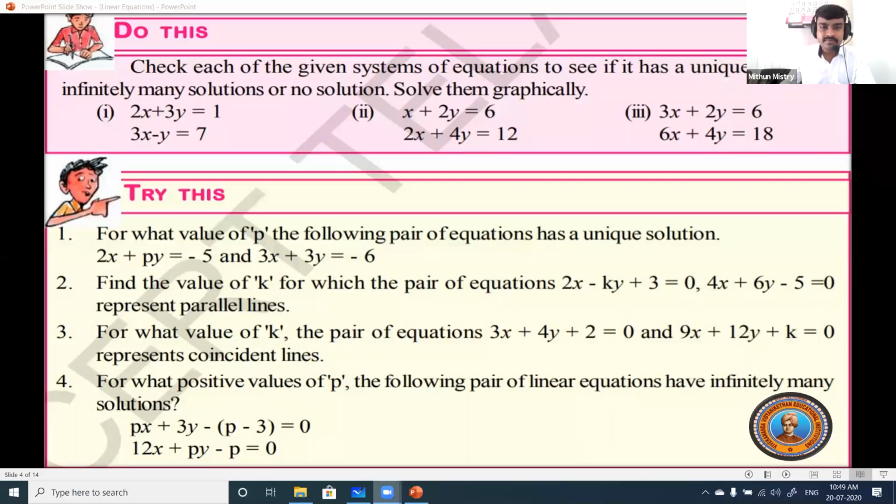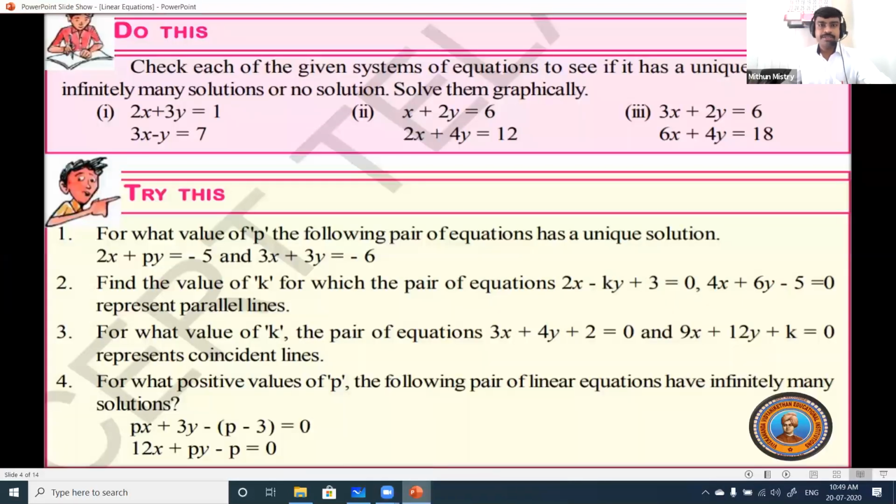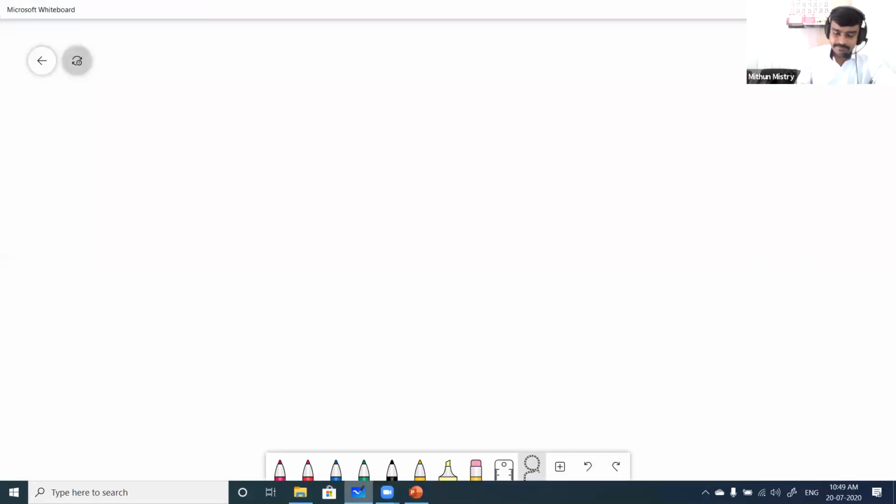Yeah. So let me take the code for you. What's the question given? The pair 2x plus py is equal to -5. Given linear pair.